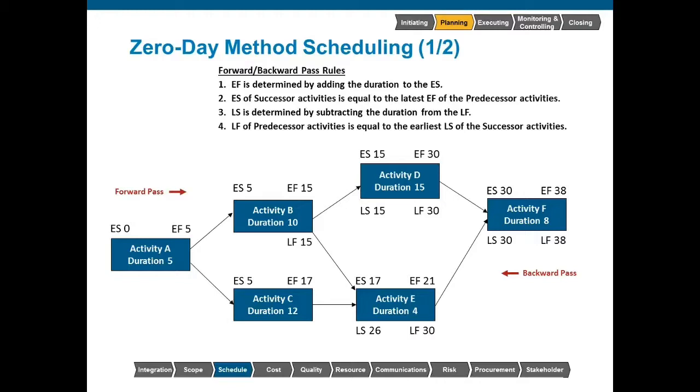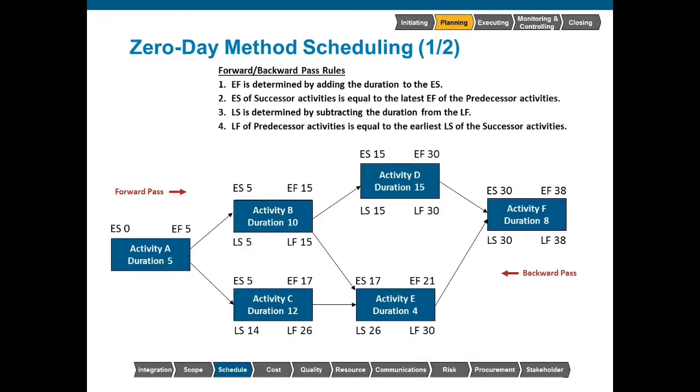Now we calculate backwards here. 15 minus 10 equals 5. Down on activity C, its successor starts on 26, so the late finish of activity C is 26. 26 minus 12 is 14. The last one we're trying to calculate is the late finish of activity A. You'll notice it has two successor activities.